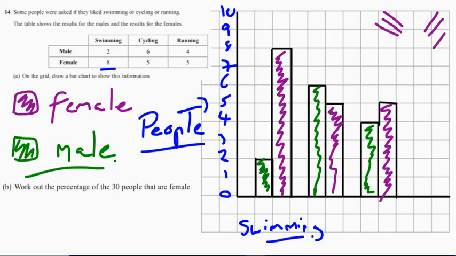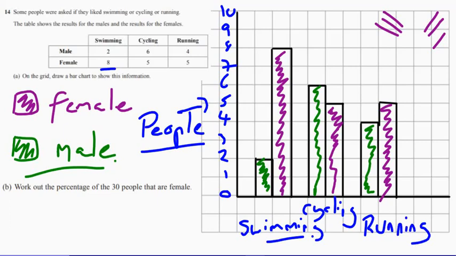Okay, we just need to finish the labelling off now. This section is called cycling, and then we've also got running, just there. There's one thing that's missing that really should be there, and it's a title.